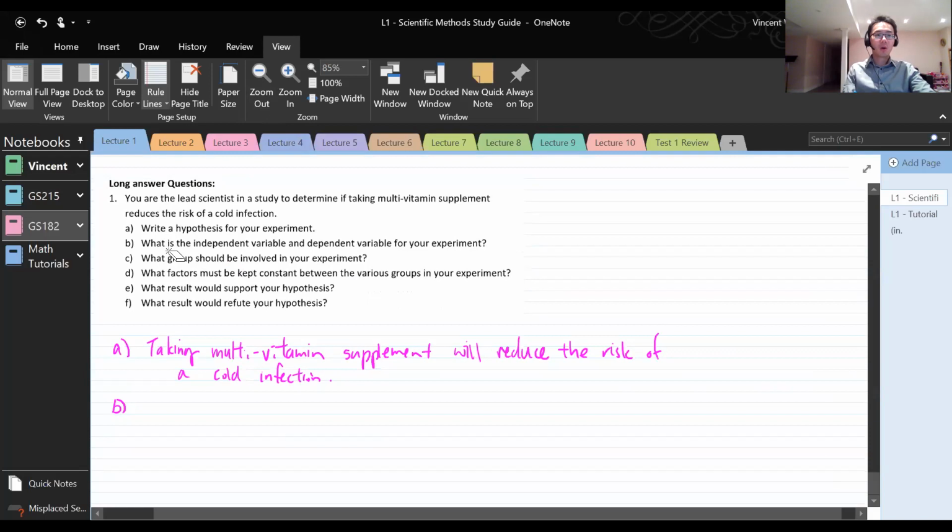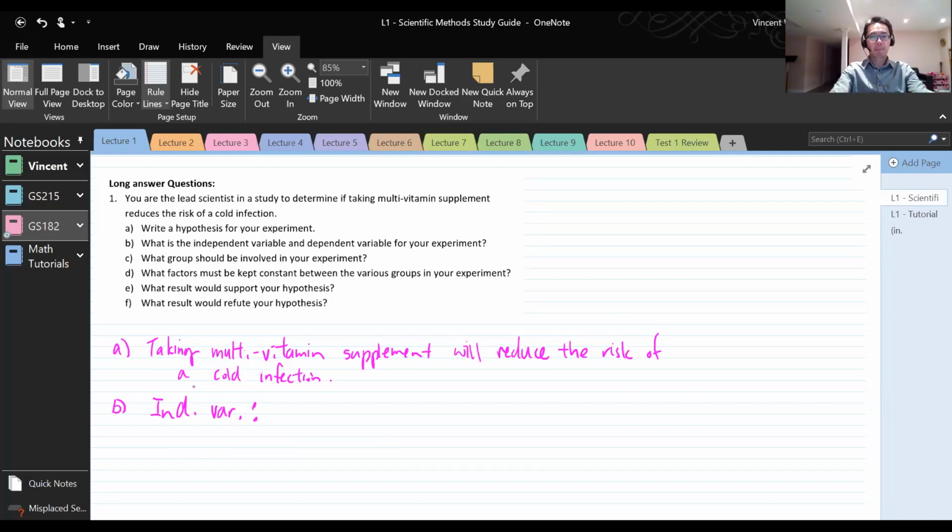Part B, what is the independent variable and the dependent variable for your experiment? People were having trouble with this concept, so let's ask the class again. What would the independent variable be in this particular experiment? One would take the vitamin, one won't. Exactly.